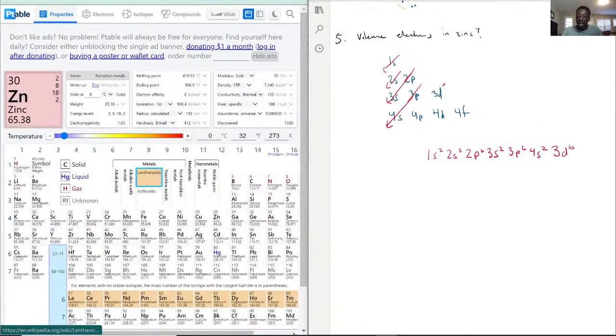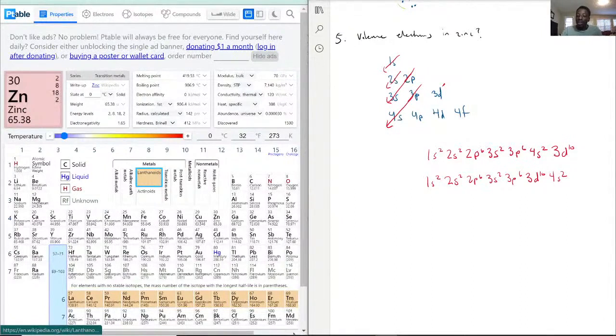Now what I like to do is rearrange it based on the numbers that come first in front of it. So it's 1s2, 2s2, 2p6, 3s2, 3p6, 3d10, 4s2. It just allows for a better visualization.